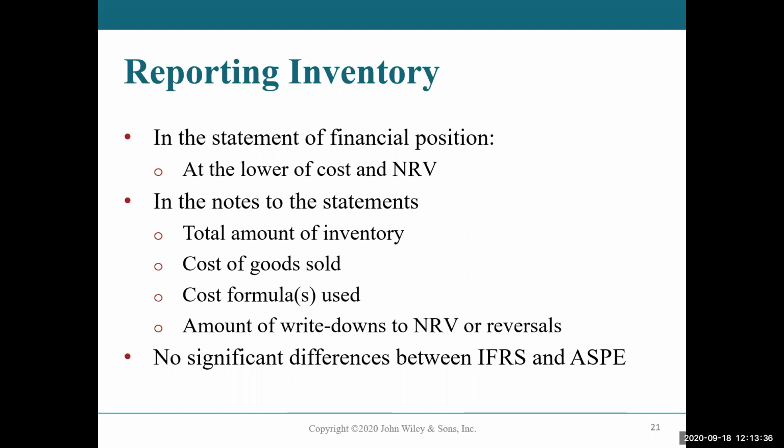When it comes to the notes disclosure, we have to indicate the total amount of inventory, the cost of goods sold, the cost formula that was used, and if there was any write down to NRV or reversals. When it comes to inventory reporting, there are not a whole lot of significant differences between IFRS and ASPE.